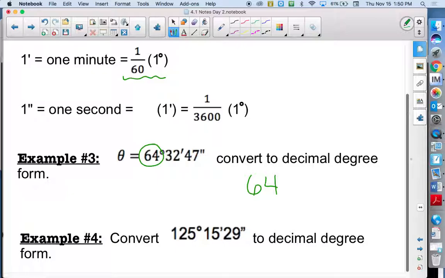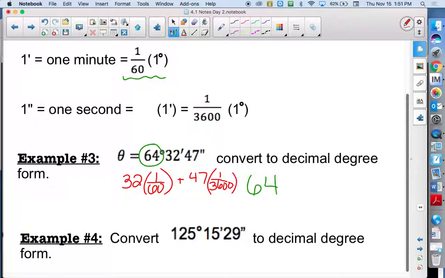Michael? Would you have to multiply the 1/60 times 32, or like the 1 over 60 times 32? Yeah. So he said you take the 32, because it's 1/60th, and the 47, what are we doing there? Times the 1 over 3,600. Excellent, 1 over 3,600.